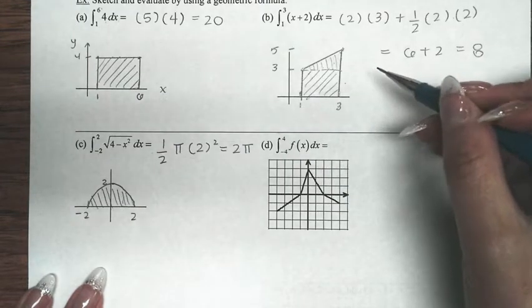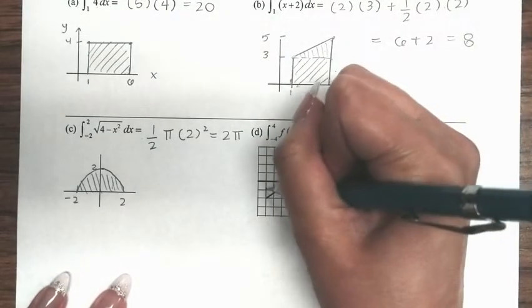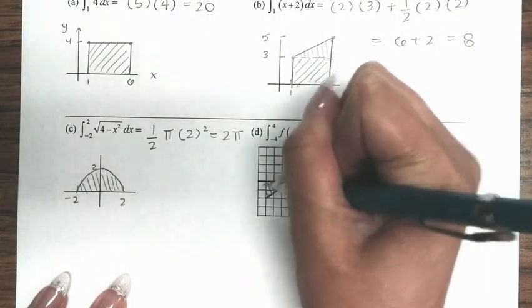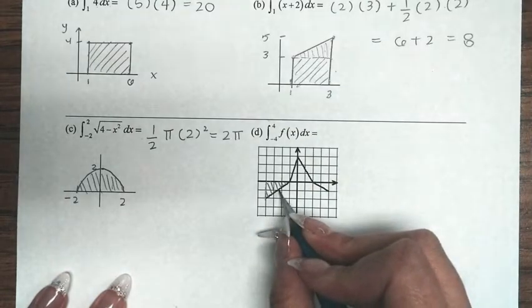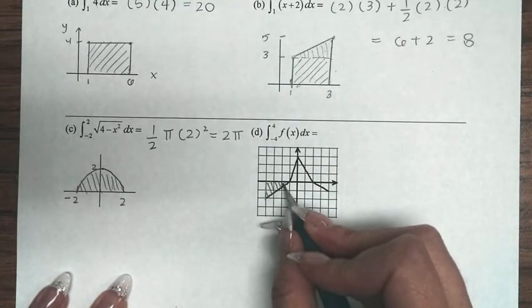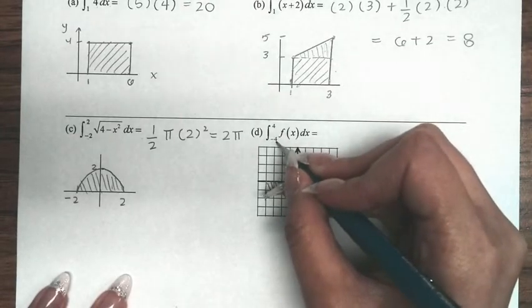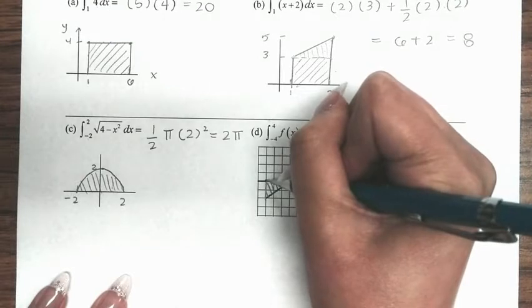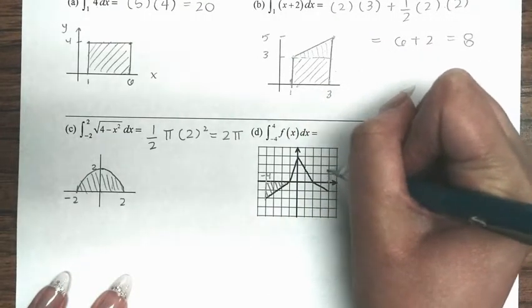In the following example, part D, you can recognize that this little area is a pretty user-friendly triangle. But the problem is that one is below the x-axis. This is the integral from negative 4 to 4. That's my negative 4, and my 4 is over here.